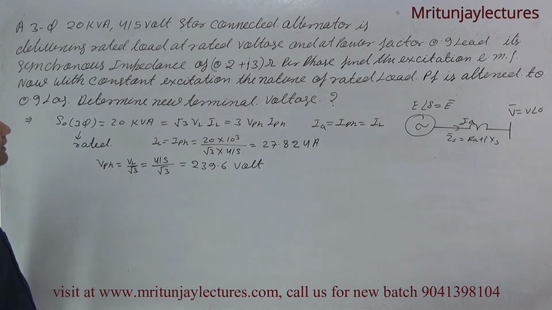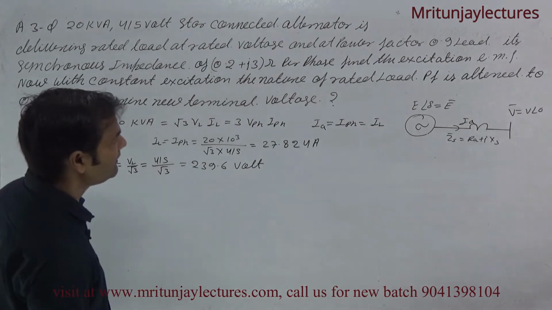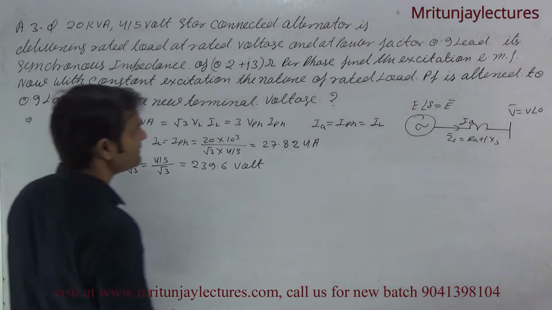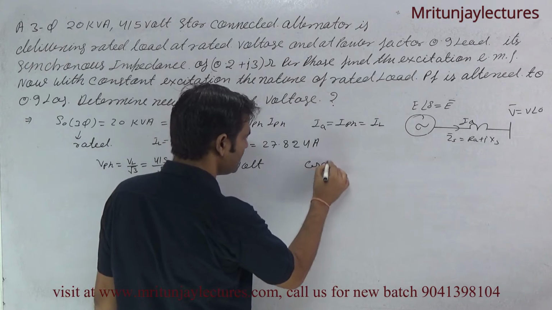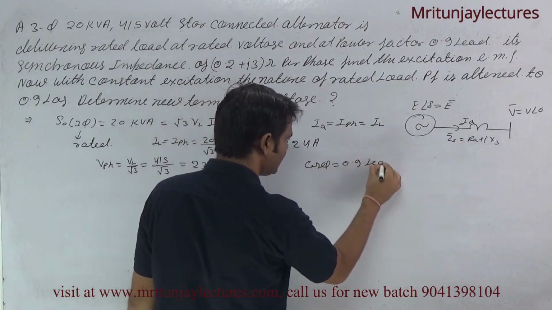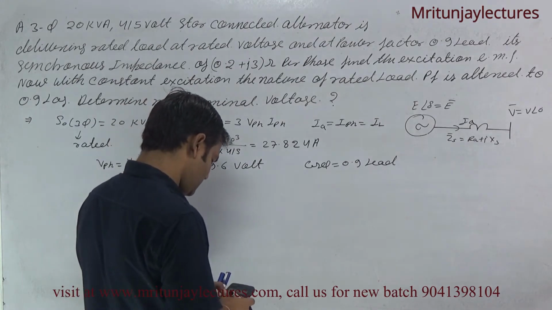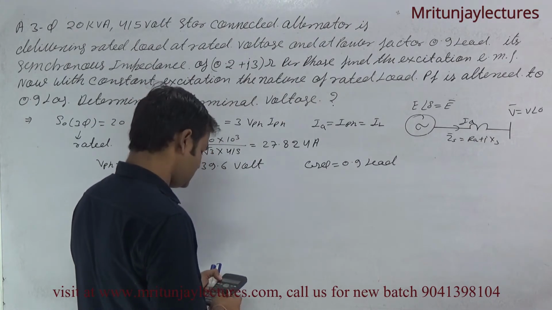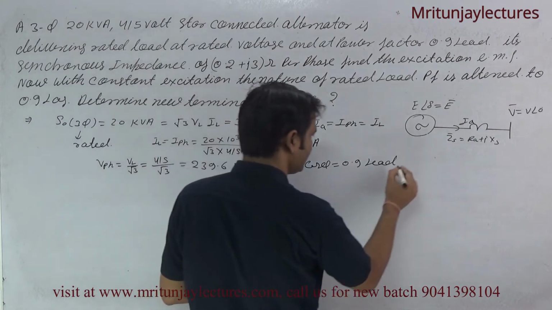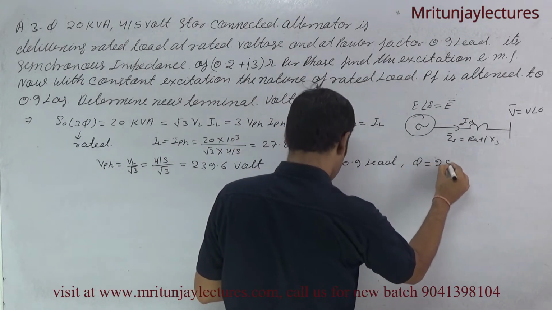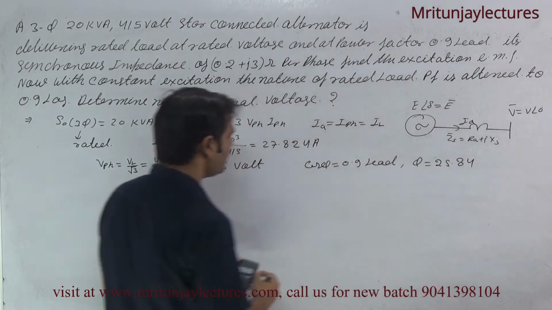Okay. And the power factor is leading, cos phi is equal to 0.9 lead. Cos inverse 0.9 is 25 point something, so phi is equal to 25.84 degrees.